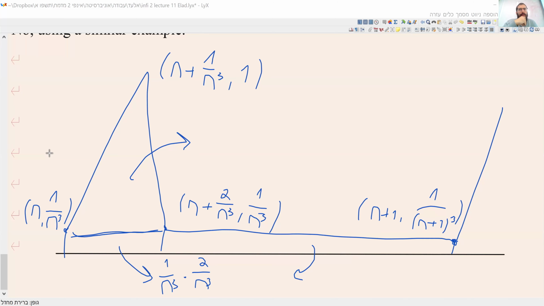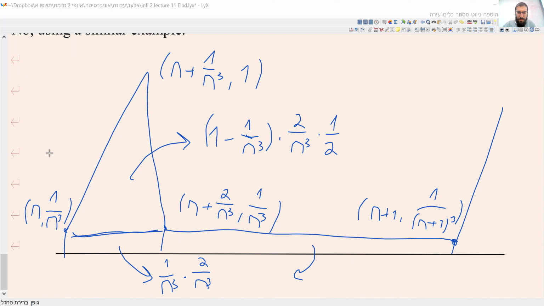The triangles do not go to 0, but the function is always above the x-axis. What is the area of the triangle? Its height is 1 minus 1 above n to the power of 3, and its base is 2 above n to the power of 3, multiplied by 2, and this one converges as well because it's of order of n to the power of 3.